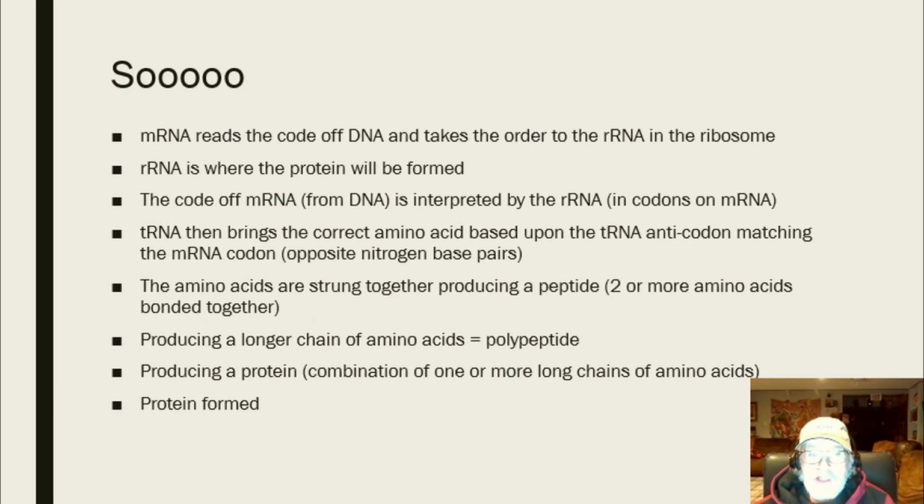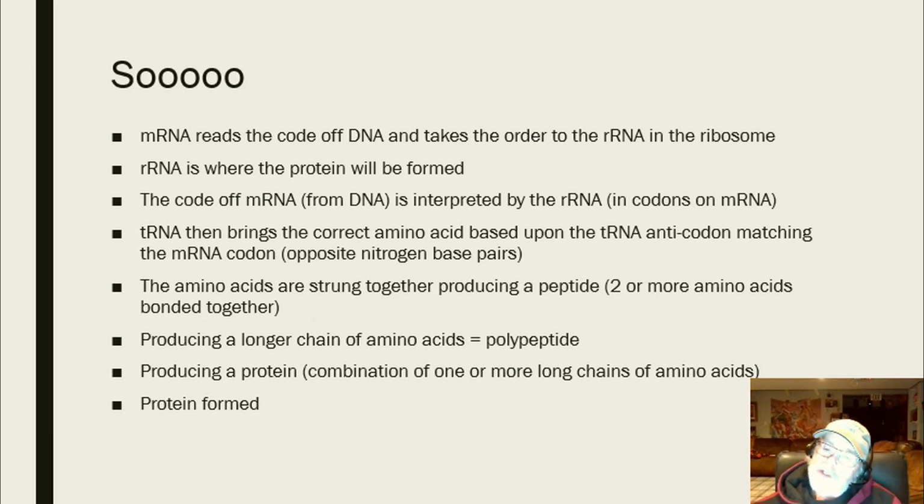It orders the tRNA then to bring the correct amino acid based upon the tRNA anticodon, which is again the opposite nitrogenous bases from the codon. Okay, and then it brings the appropriate amino acid, which is represented by the anticodon, which is previously represented by the codon, which is previously represented by the triplet on the DNA.